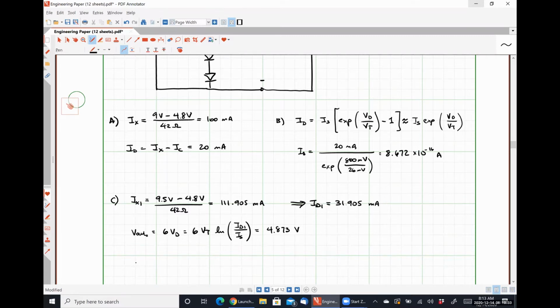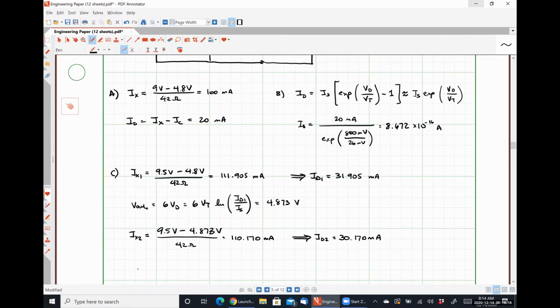So our second guess, we're going to have IX2 equal to 9.5 volts minus 4.873 volts, which was our new output voltage, divided by 42 ohms, which is equal to 110.170 milliamps, giving us a diode current, ID2, of 30.170 milliamps.